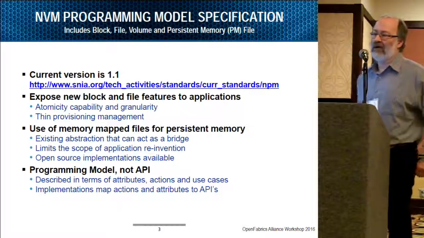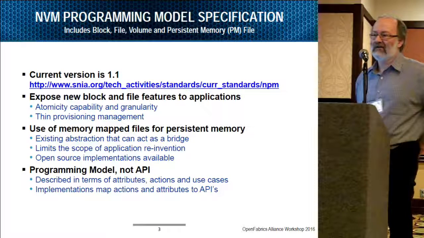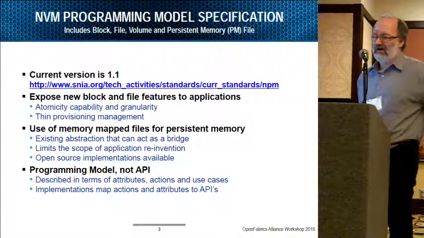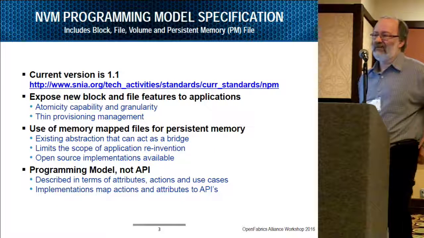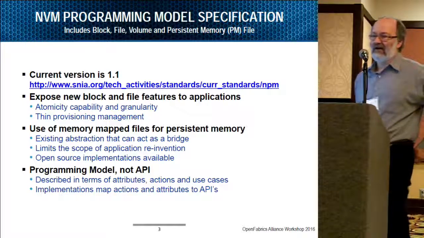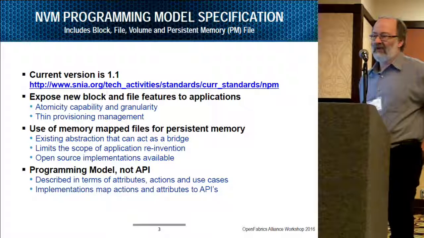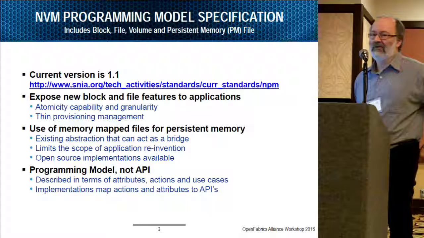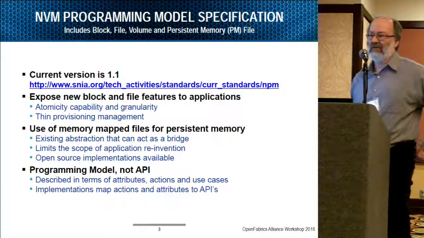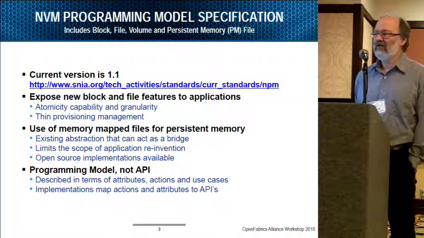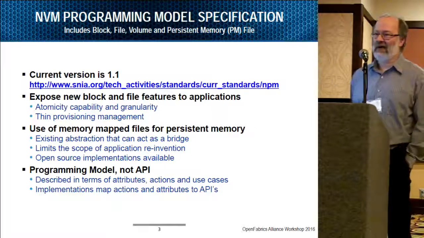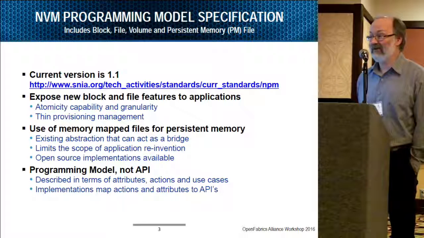Also, it's a programming model, not an API. It's not really a language. The reason for that is because it involves artifacts of kernels, although it's not entirely in the kernel. And if you want to span Linux and Windows, you can't describe an API directly because they'll have nuances of APIs that have to align with nuances of the operating systems.